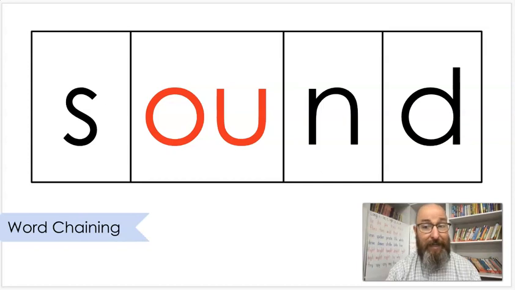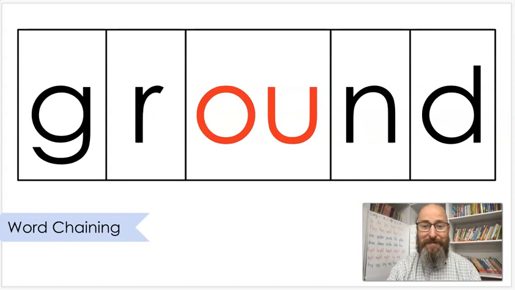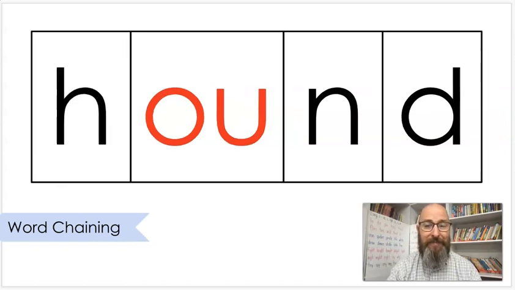Now let's say sound again, but let's get rid of the S and put a GR at the front. What would you have? Ground. Now let's say ground again, but let's get rid of the GR and add a what's my new word? Hound.